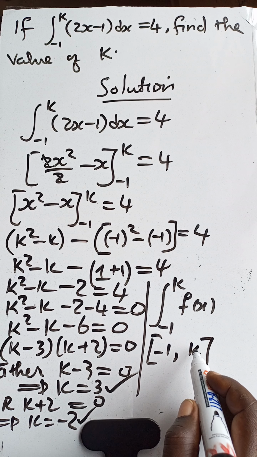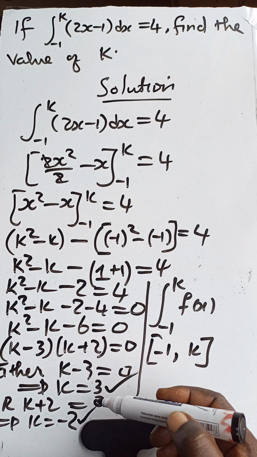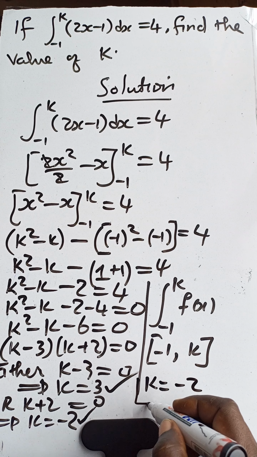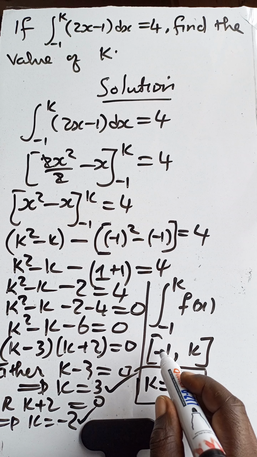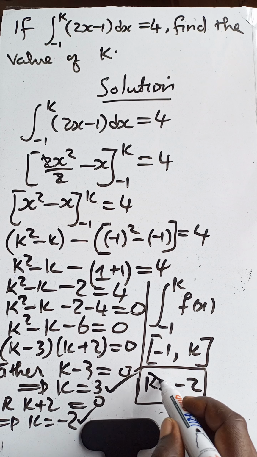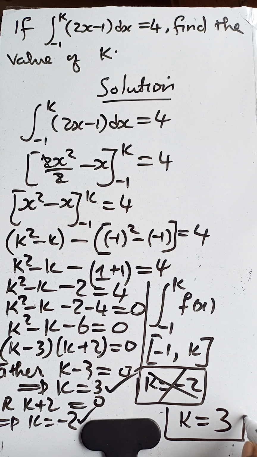This means that k must be greater than -1. If we look at it here, the value k equals -2 is going to be rejected because here k is less than -1, which is not supposed to be the case. Therefore, this value is rejected, and so the only value for k will be k is equal to 3.